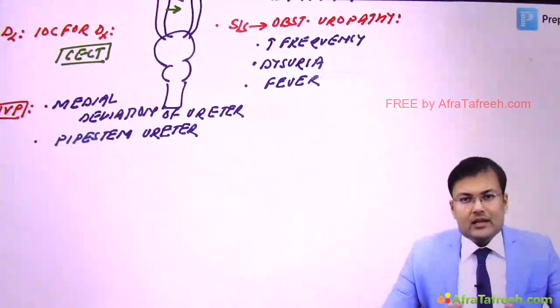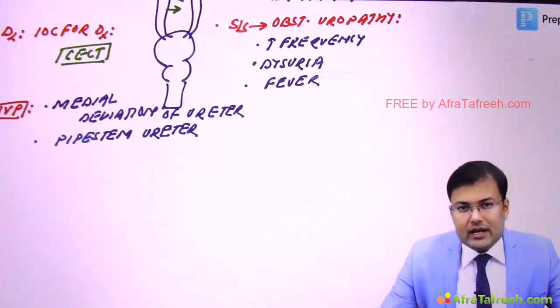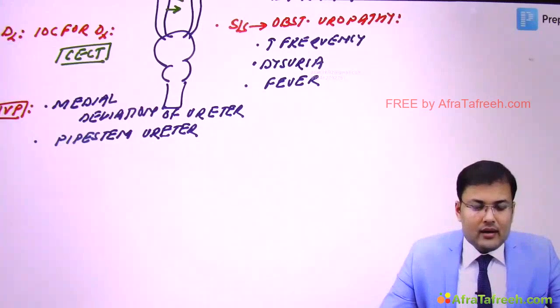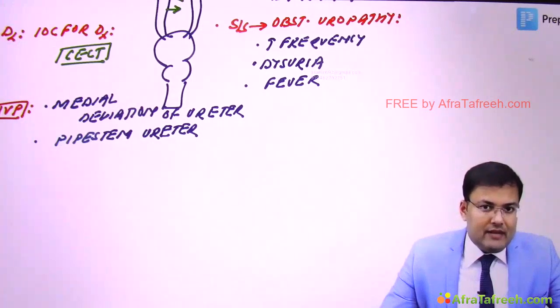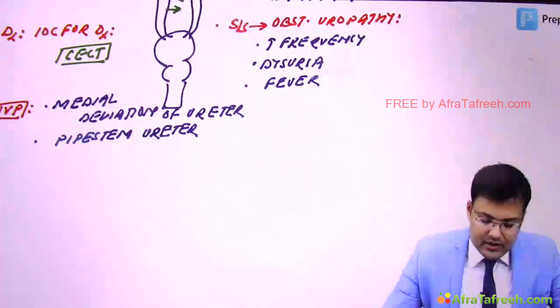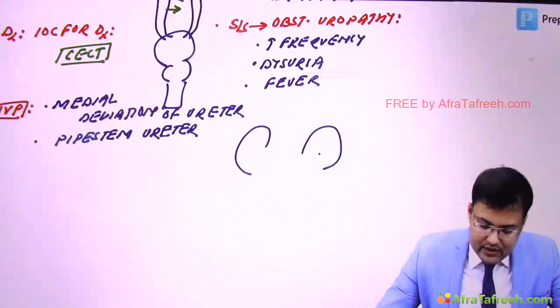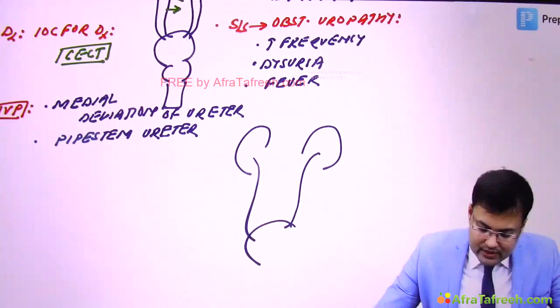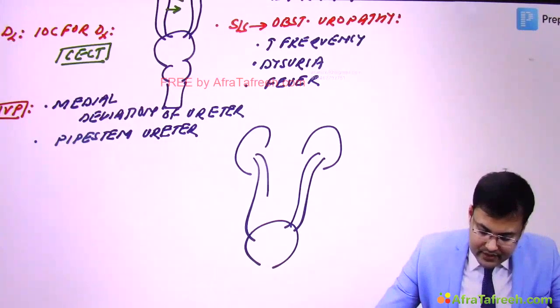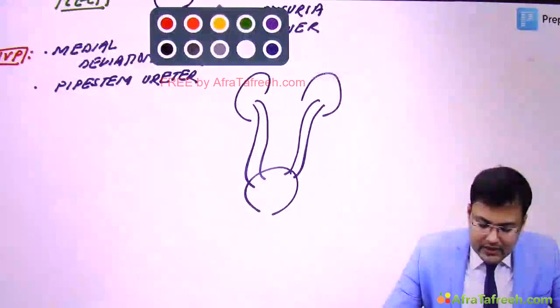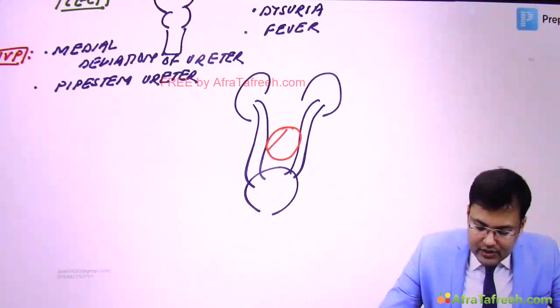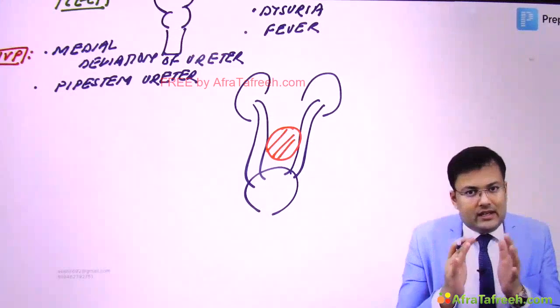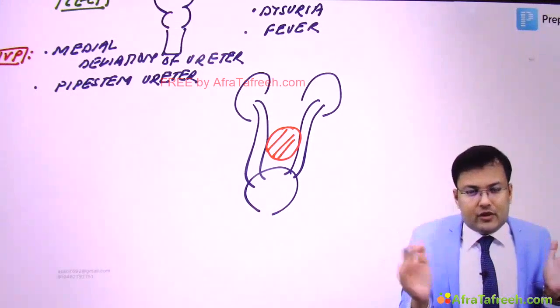Simple. Sometimes the patients have retroperitoneal sarcoma. And how on the basis of IVP you can differentiate? Imagine this is the kidney, this is the ureter, and this is the bladder. Here there is malignancy, retroperitoneal sarcoma. Whenever there is increase in the size of this retroperitoneal sarcoma, what will happen?